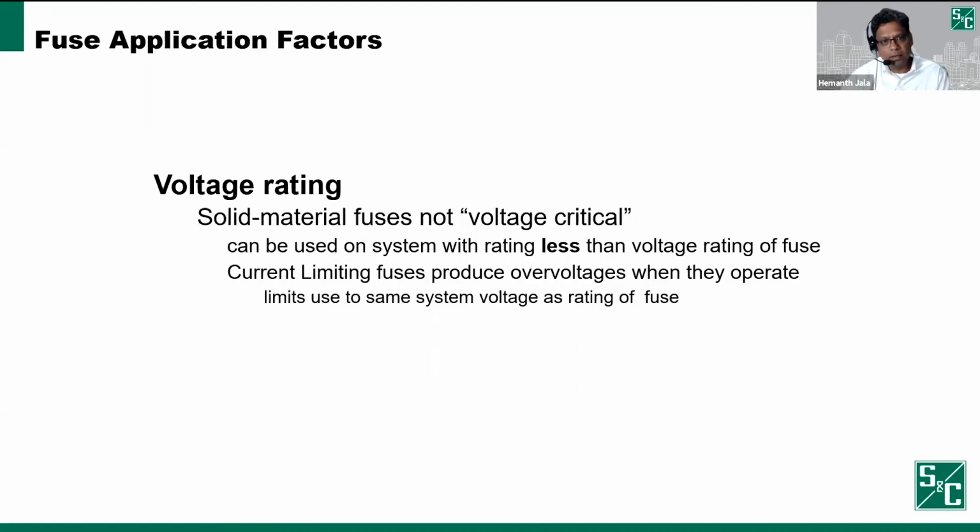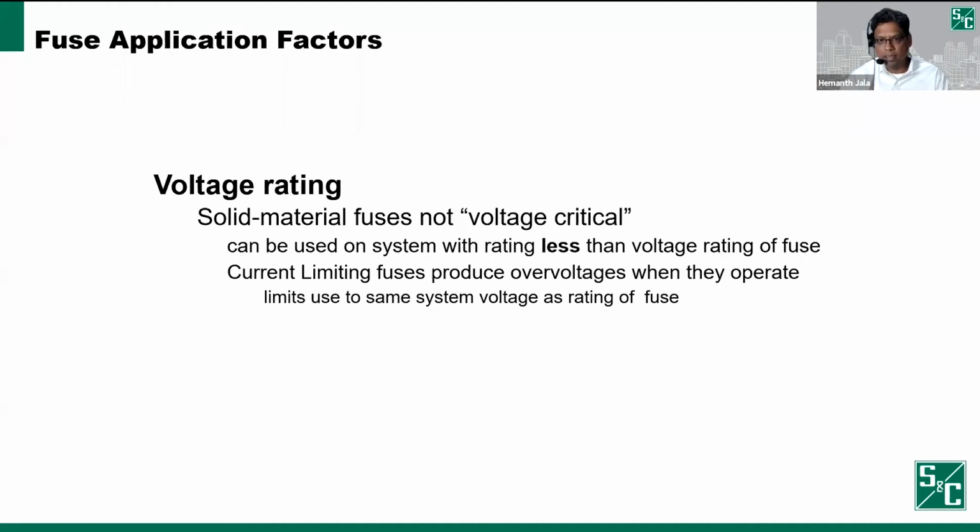One key thing that you need to remember when it comes to voltage rating is that solid material fuses are not voltage critical. What we mean by that is you can use these solid material fuses at a rating that's less than their maximum rating. For example, let's say you have a 25 kV rated solid material fuse. You can energize that at 15 kV without an issue.